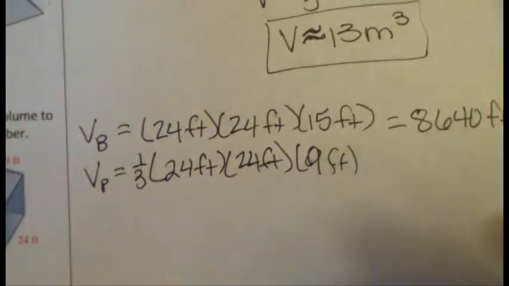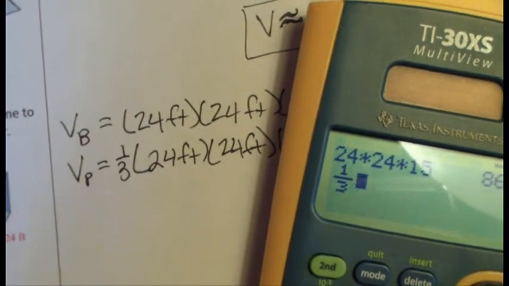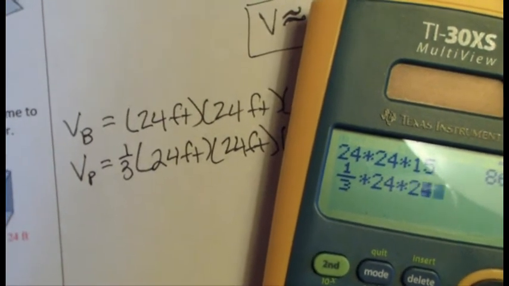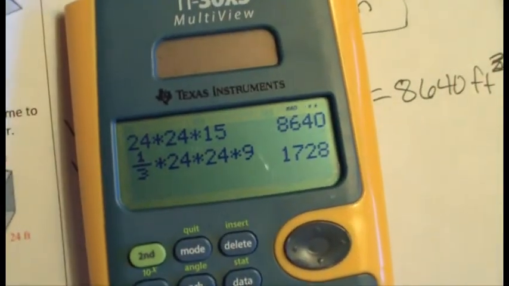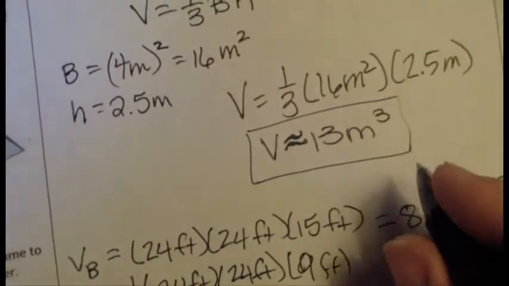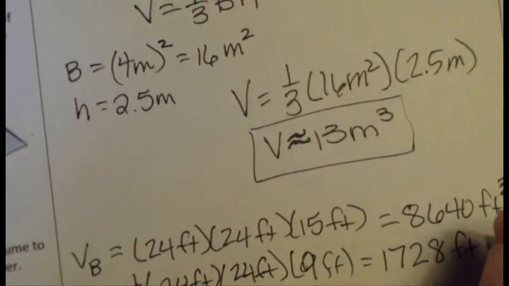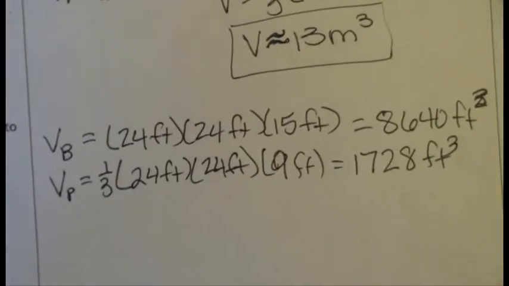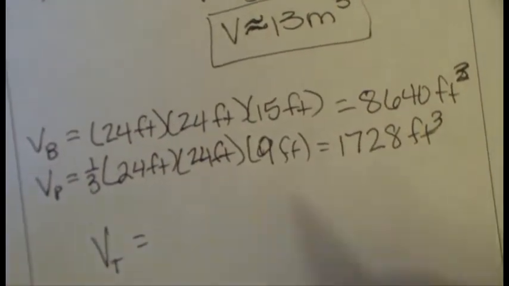So 1/3 times 24 times 24 times 9 is 1,728 feet cubed. So the total volume is going to be those added together.